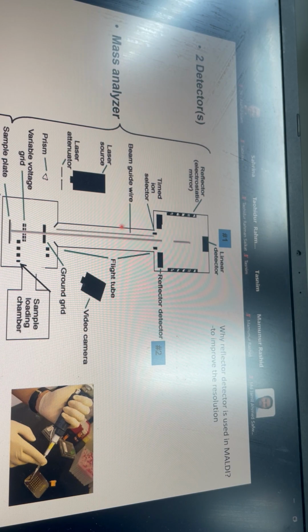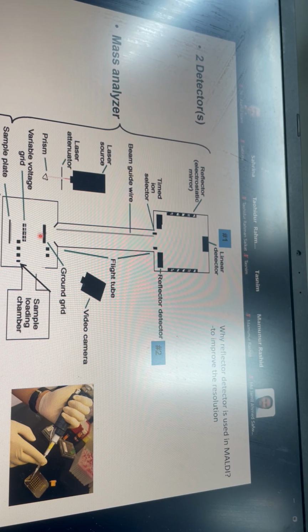If I show you the scheme, this is the ion source, the MALDI source, and this is the MALDI plate, where you apply your analyte with matrix molecule. These are different wells in the well plate. You put the well plate here, and this is your nitrogen laser, which shines 337 nanometer light, and it interacts with your matrix and generates the ions.